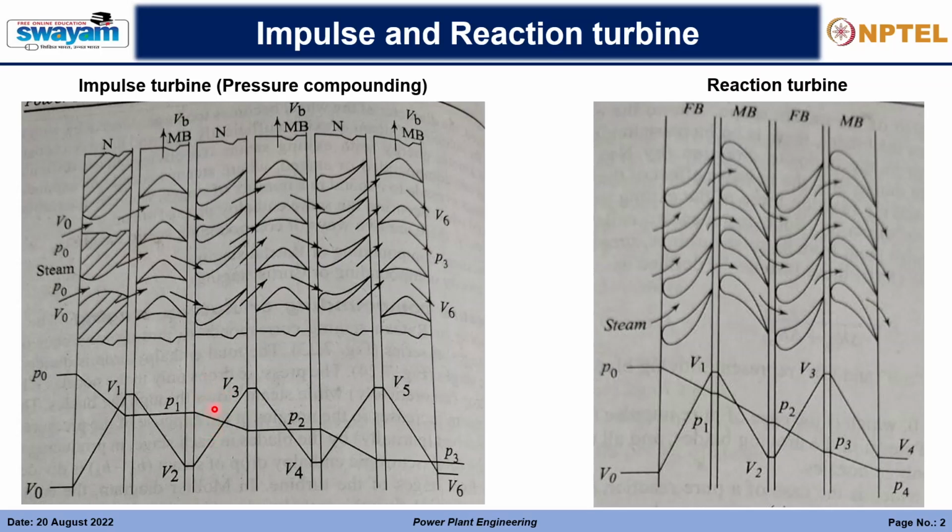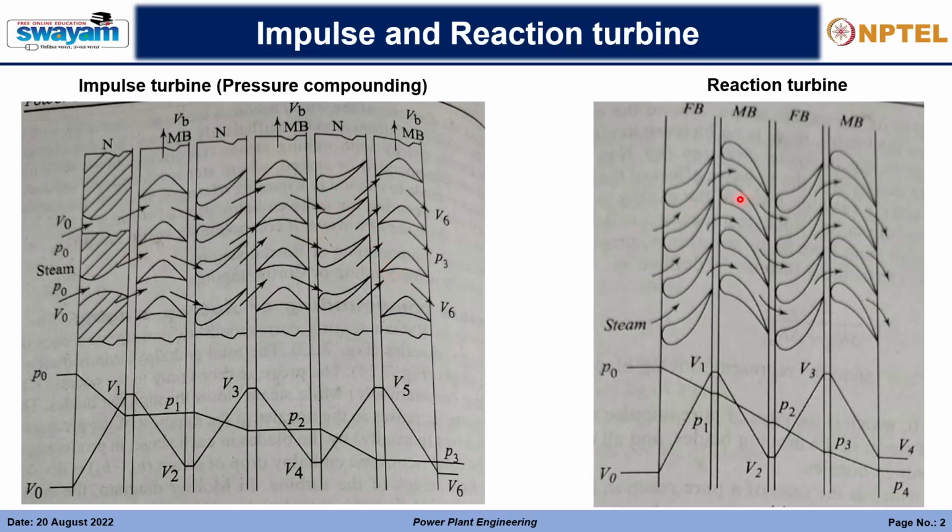But we have an option that we may not expand the gases, and we may keep the pressure constant. If that is kept constant, then it is simply velocity compounding, and these are also called Curtis stages. And the pressure compounding is also known as Rateau stages, or Rateau compounding.